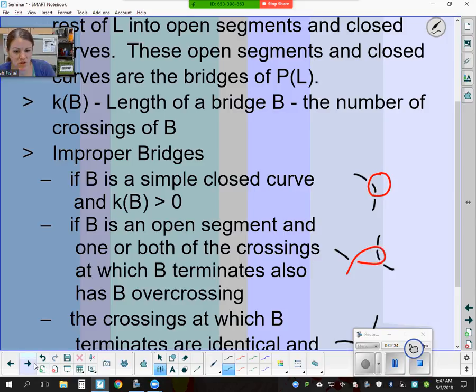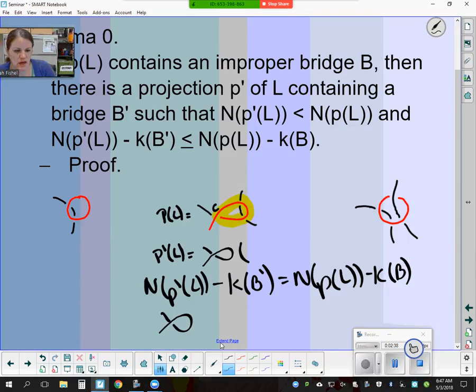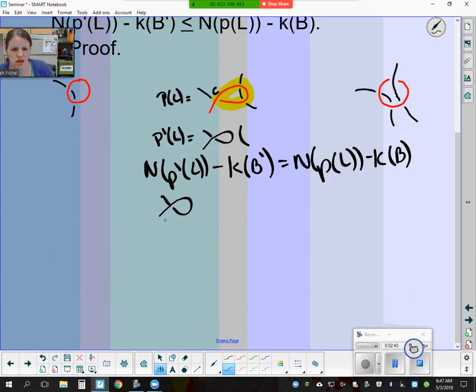So there may not be any other crossings in that loop. If that is the case, then a Reidemeister 1 move would undo that loop, and that projection would then just be a single strip. Okay, maybe a more accurate drawing after the Reidemeister 1 move might be something more like that.